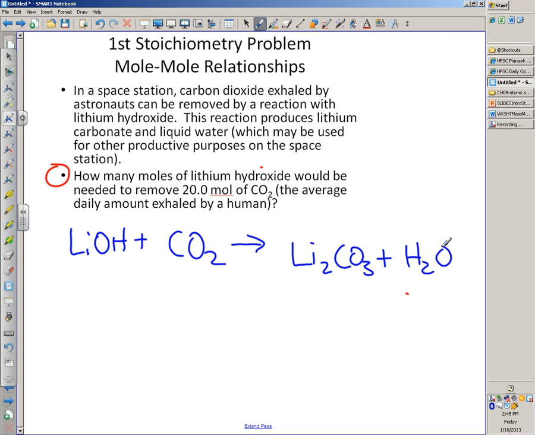And that when we did that, you needed to put the coefficient 2 out in front of the lithium hydroxide to balance it out. Good? Okay. Now, let's get down to the business at hand, right? How many moles of lithium hydroxide would be needed to remove 20 moles of carbon dioxide?